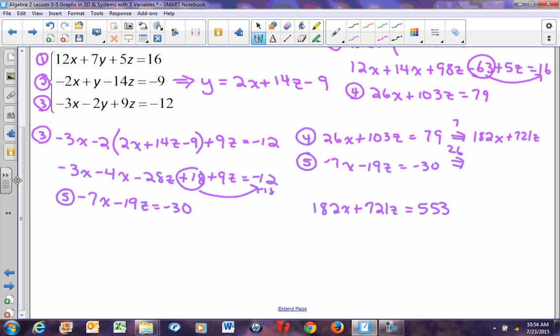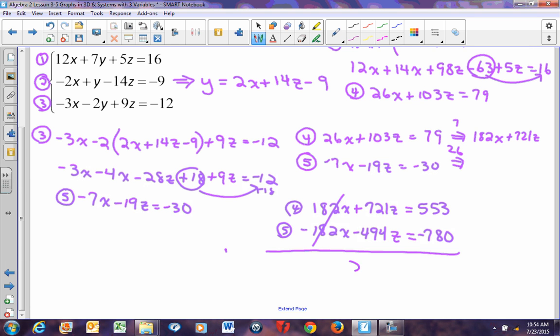All right, 26 times negative 7 is negative 182x. 26 times negative 19 is negative 494z. And negative 30 times 26 is negative 780. This is new equation 4, this is new equation 5. If we add them together, the x terms will cancel out. 721 minus 494 is 227z.